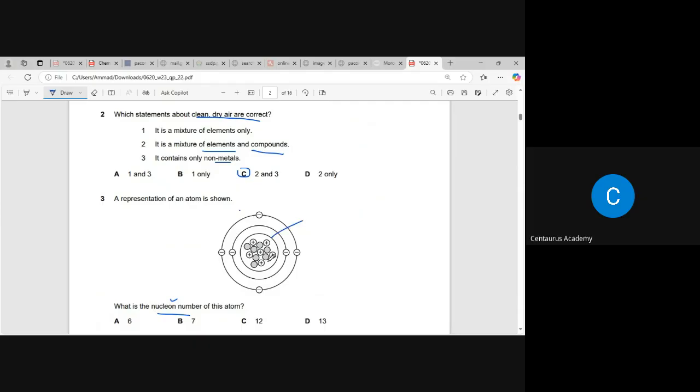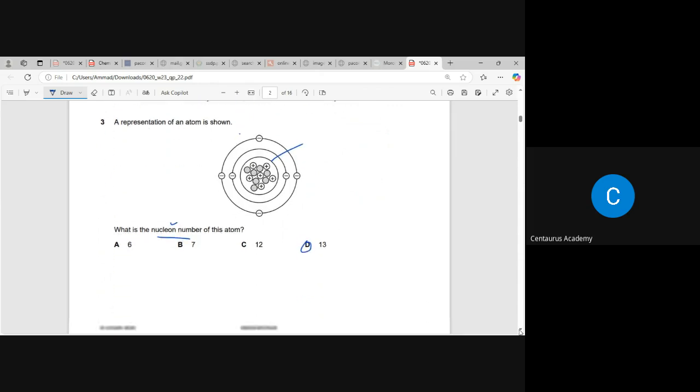So you're going to count all of these and then find out your final answer. 13. 13 is the right answer. You have 1, 2, 3, 4, 5, 6 protons and 7 neutrons. All right. 7 shaded balls and 6 protons. So D here is the correct answer.